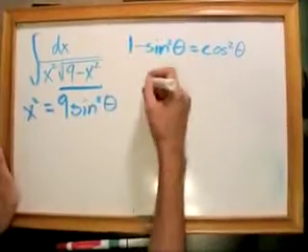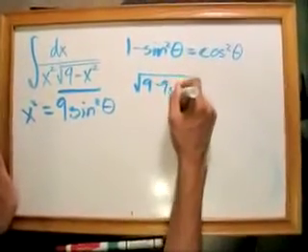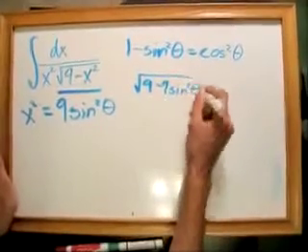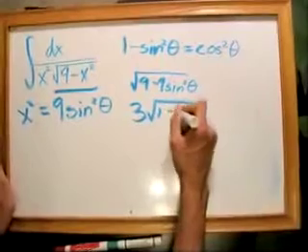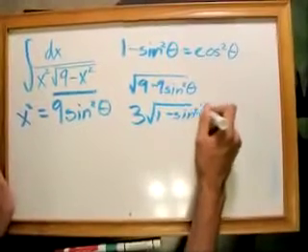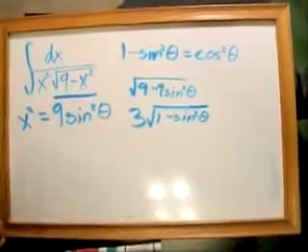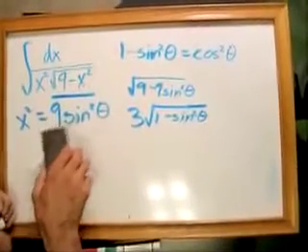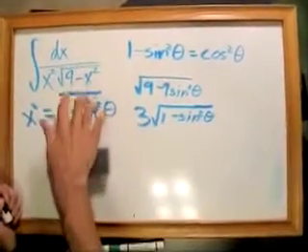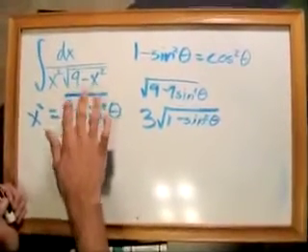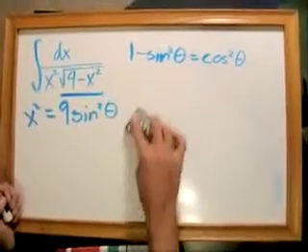So if we plug this back in, we would get the square root of 9 minus 9 sine squared theta, factor out a 9, and then we would just be left with 1 minus sine squared theta, which is the pattern we're looking for. So remember, you can change the coefficients any way you want to make sure that they are equal, and you can factor them all out.